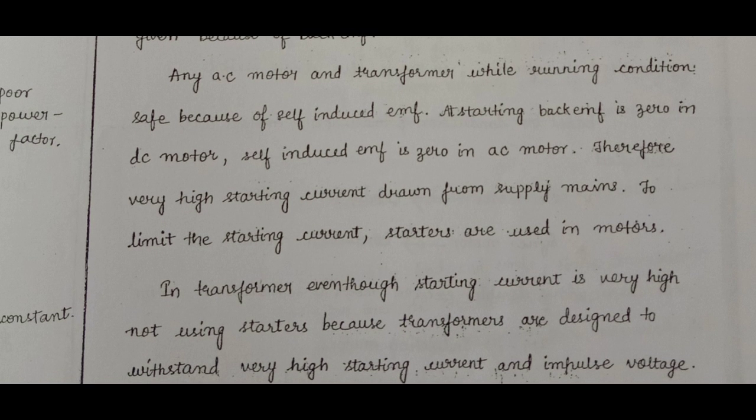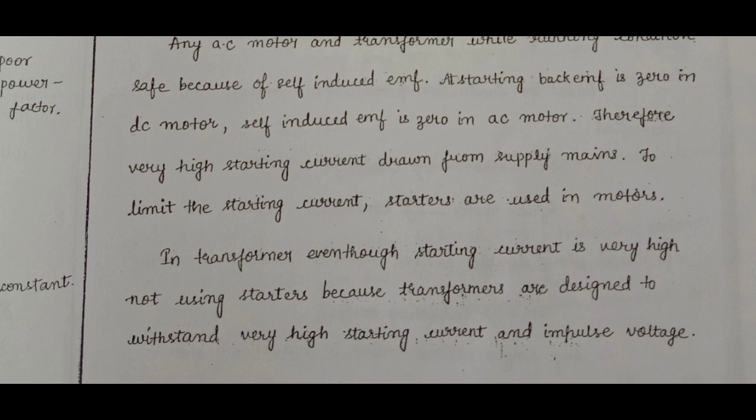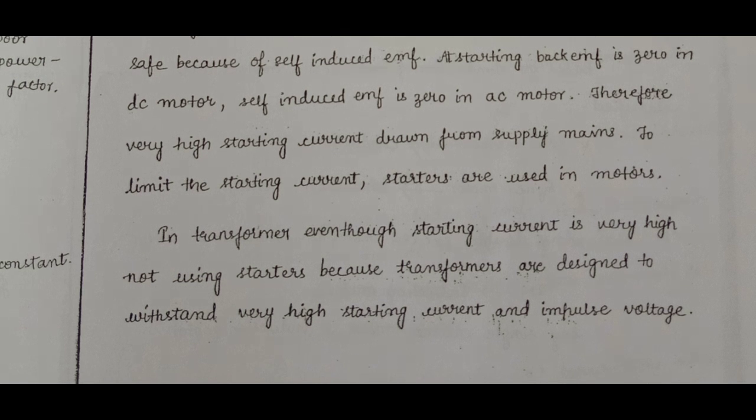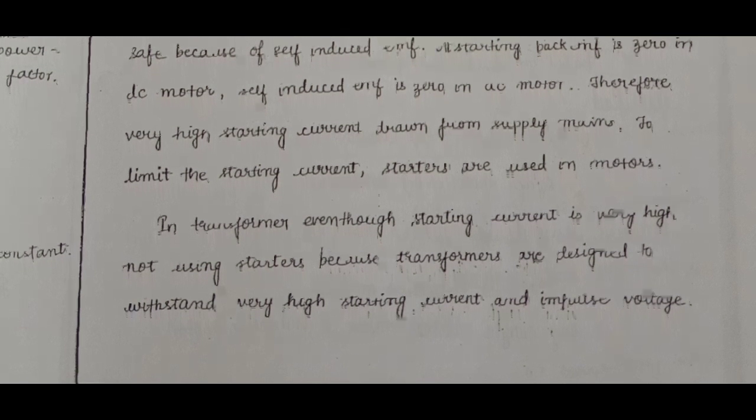At starting, back EMF is 0 in a DC motor and self-induced EMF is 0 in an AC motor. So it's very important that in all machines at starting, back EMF and self-induced EMF are 0.